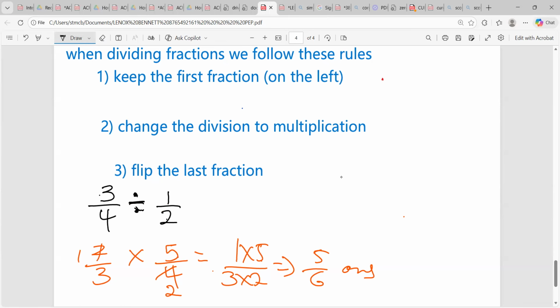Alright, 3/4 divided by a half. Yes, it's a proper fraction. Very good, that is it.